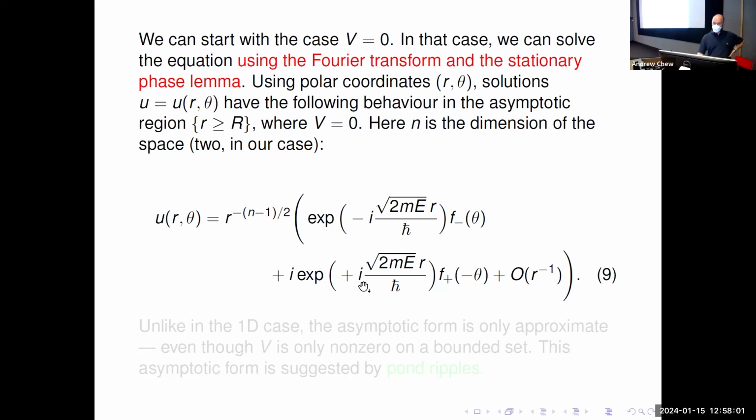And then, unlike in the one-dimensional case, those terms are the leading terms. So they're the biggest terms in an asymptotic expansion, but they're not exact. In one dimension, it's actually exact. But in more than one dimension, there are other terms, but they decay. So the next term is about 1 over r times the size of the main term. And so that's very small for large r.